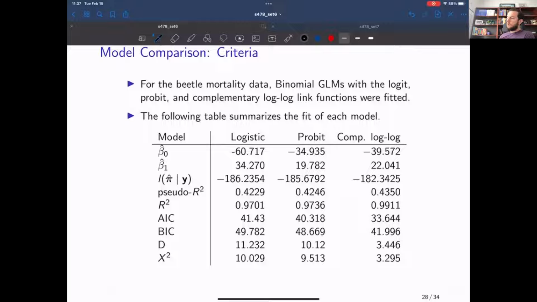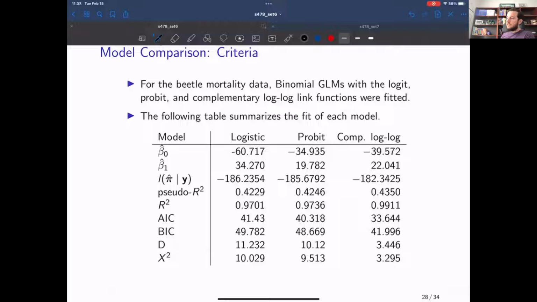So for example, we have the intercepts for the three models, we have the slopes for the three models. There's not much that we can do in terms of comparison between those models. Those certainly aren't going to indicate whether or not one model is fitting better than another model. But it is interesting to note that the complementary log-log model and the probit model both have a beta 1 value that are more similar than the beta 1 for the logistic model.